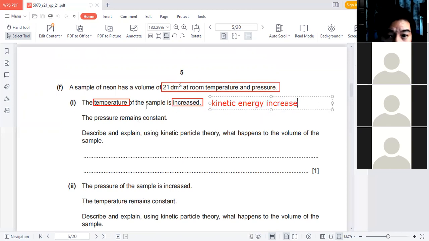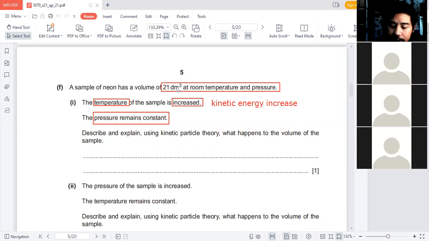So here pressure remains constant, kan? Underline this, pressure remains constant. Describe and explain using the kinetic theory what happened to the volume of the sample. So the volume would actually be higher.